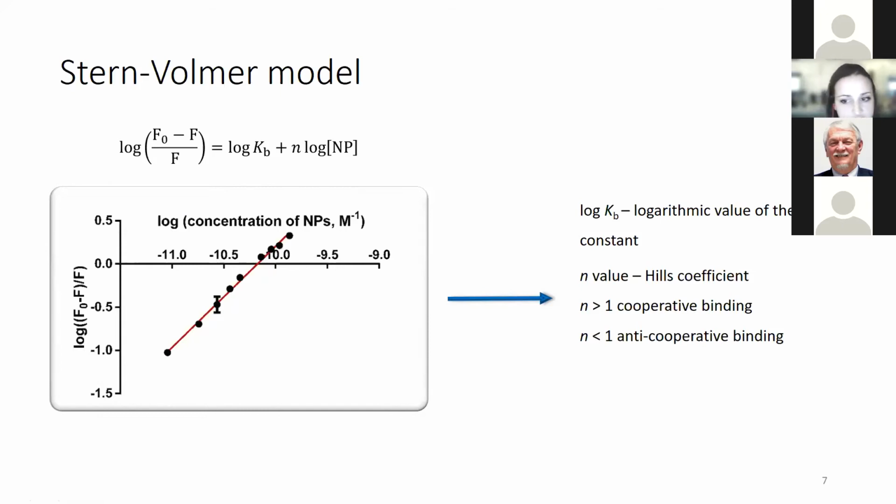Hill's coefficient tells you what kind of binding you have. Do you have cooperative or anti-cooperative binding? Cooperative means that the attachment of one molecule on the surface of the nanoparticle allows the other molecule to attach more easily.